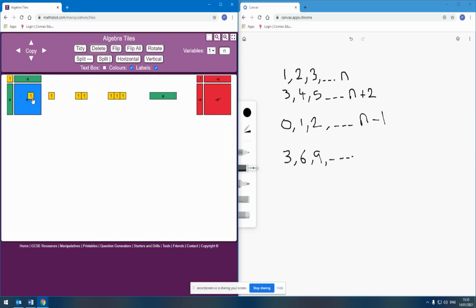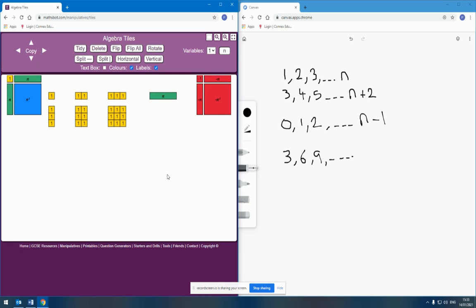Well, I'm going to actually be putting these underneath now so I can see the 1, 2, 3 separately. So to go from 1 to 3, I might do that. And then to go from 2 to 6, I might do this. And then to go from 3 to 9, I can do this.